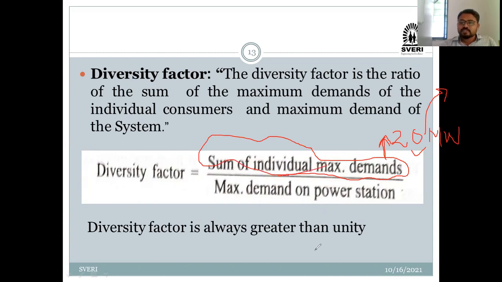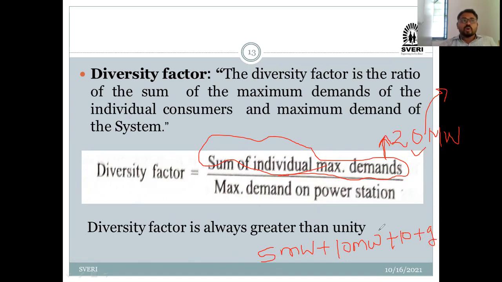If my maximum demand is 5 megawatt, plus my neighbor's maximum demand is 10 megawatt, then another neighbor's maximum demand is 10 megawatt, and another is 9 megawatt.